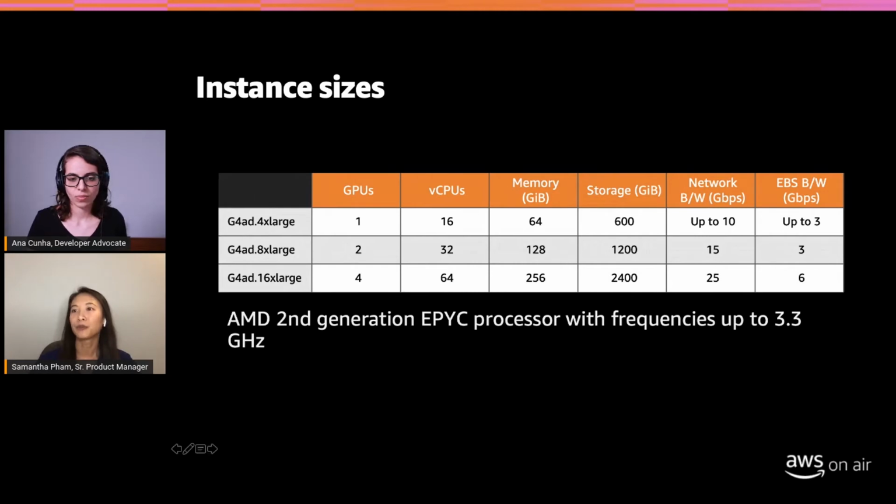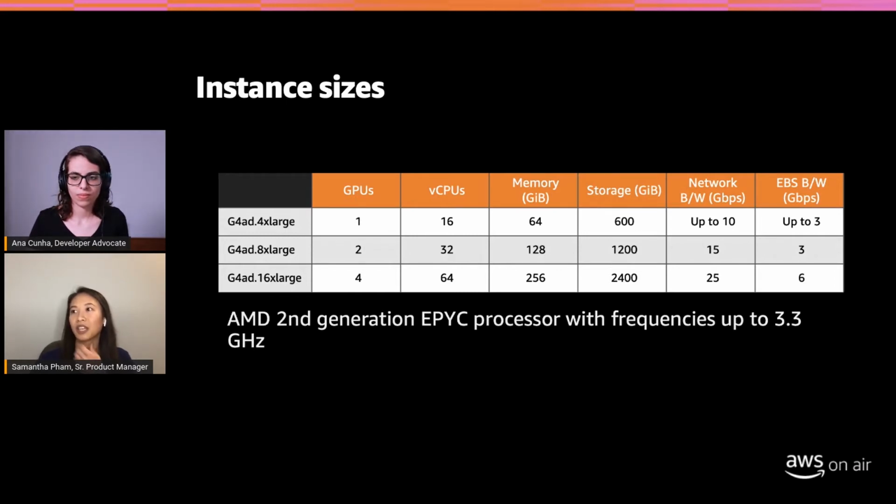So we have 3 different sizes that we're offering for G4AD, and they range coming with 1 to 4 GPUs to really give you that scaled power if you need to scale up to 4 GPUs. The smallest size here is the 4X large, which comes with 16 vCPUs and 64 gigabytes of memory.